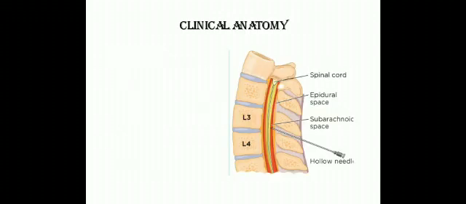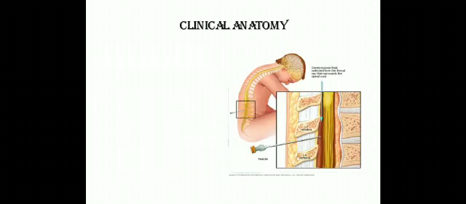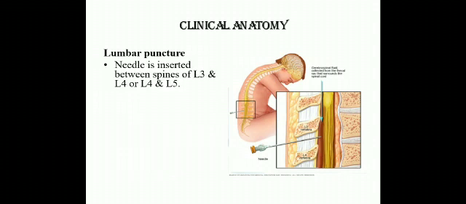Clinical aspect, the lumbar puncture. It is done at the level of L4 in children and L3 in adults. In the lumbar puncture, the patient will be in the universal flexion position and the needle is inserted between the spines of L3 and L4 or L4 and L5.